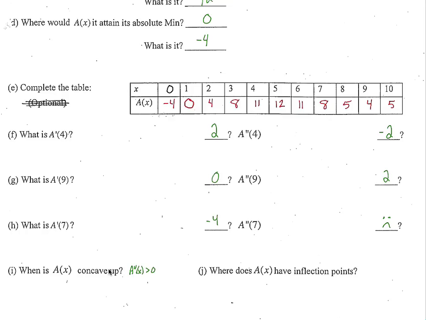Now the second derivative is greater than 0 when the slope of the first derivative graph is greater than 0, and that happens, the slope of the derivative graph up above is greater than 0 when we have a positive slope, when it's sloping up to the right. So that means that when x is greater than 7 or less than 10, which is the right-hand side of our interval that we're interested in.